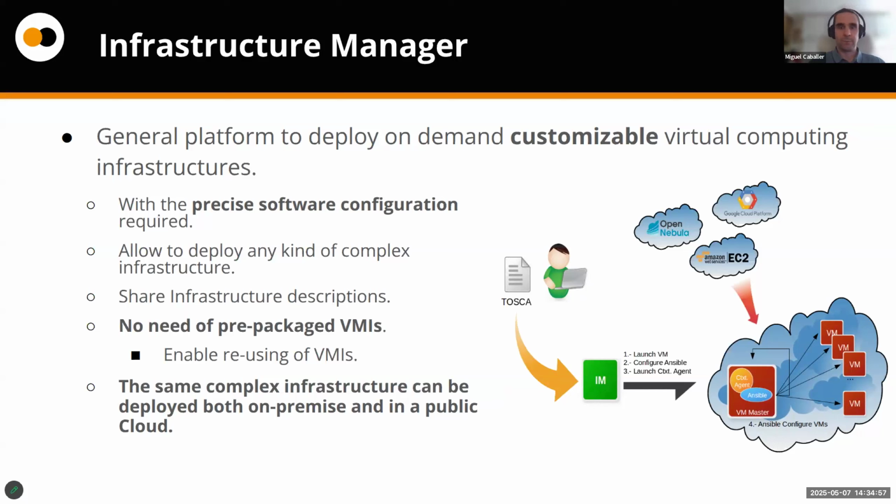It does not need prepackaged virtual machine images, so you can use any vanilla virtual machine image, using Ubuntu, CentOS, or any Red Hat-based image. And it enables the very same complex infrastructure to be deployed on-premise or in a public cloud provider.